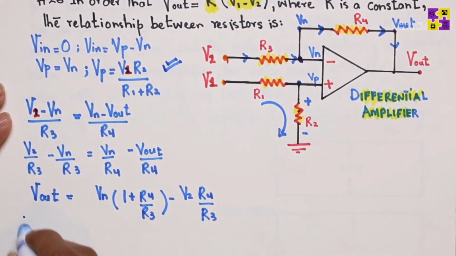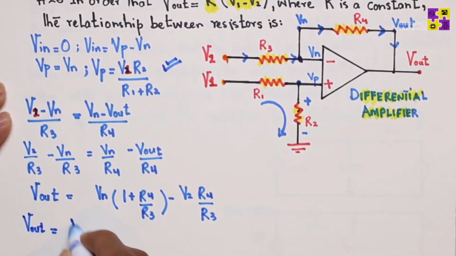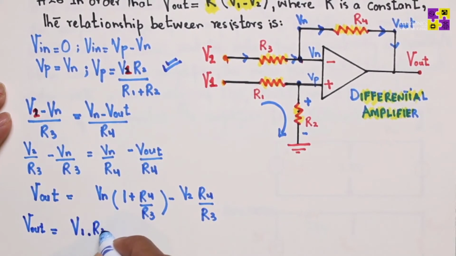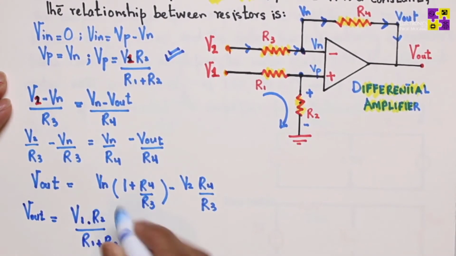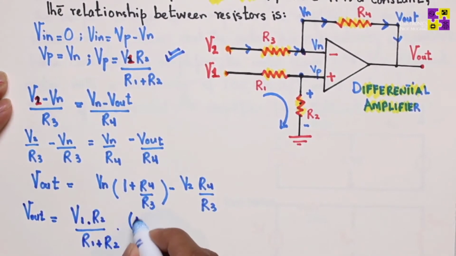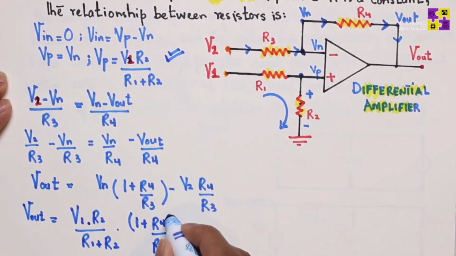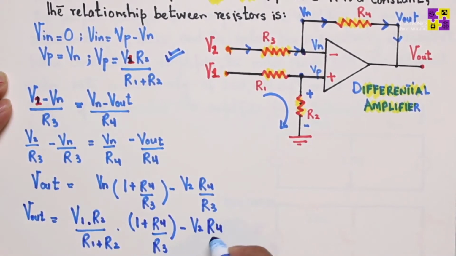The equation then becomes Vout equals V1 R2 over R1 plus R2, correct? And then I'll rewrite the rest of the equation as it is: 1 plus R4 over R3 minus V2 R4 over R3.